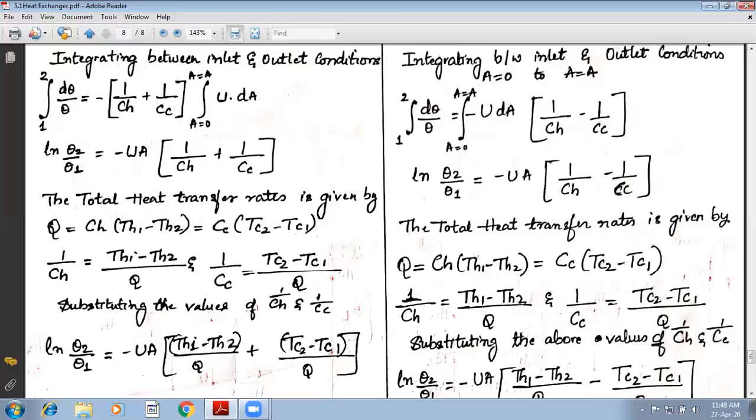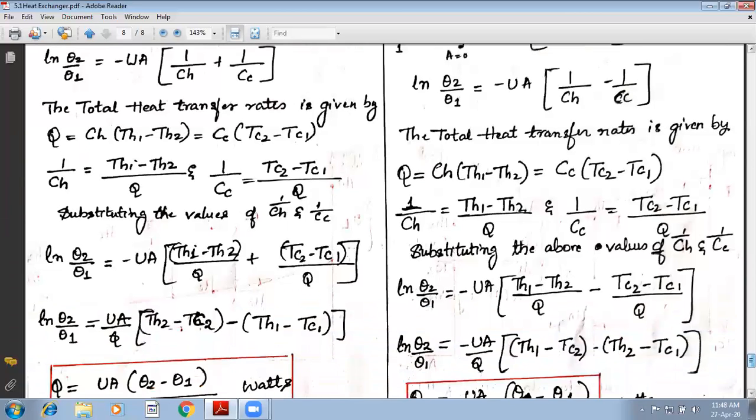Now we are going to substitute the same. So ln of theta 2 by theta 1 is equal to minus UA into, this is nothing but 1 over CH, and this is nothing but 1 over CC.